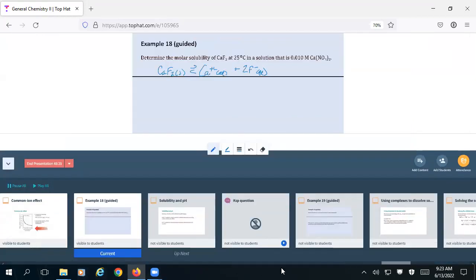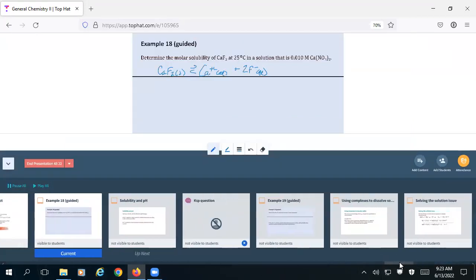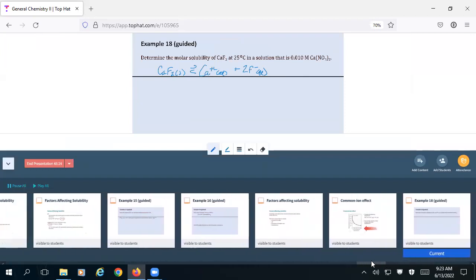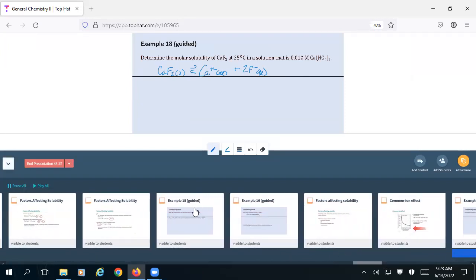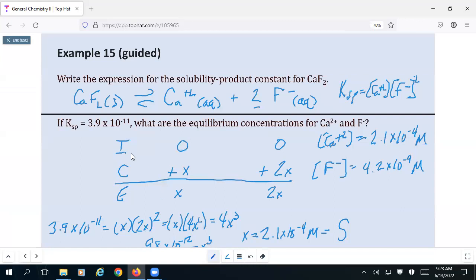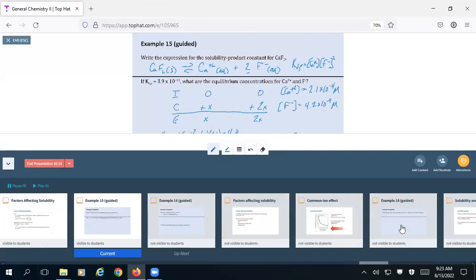Now we're going to have to go back a couple of slides. 3.9 times 10 to the negative 11th is our Ksp.